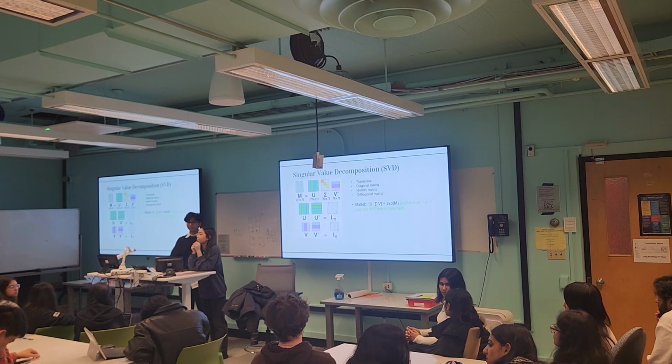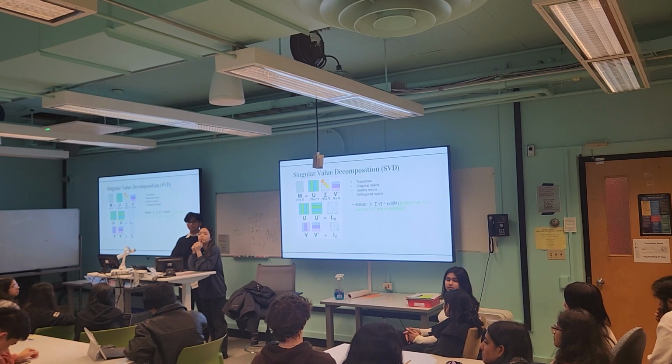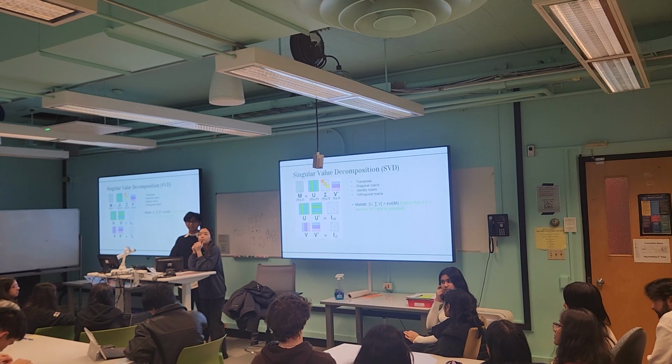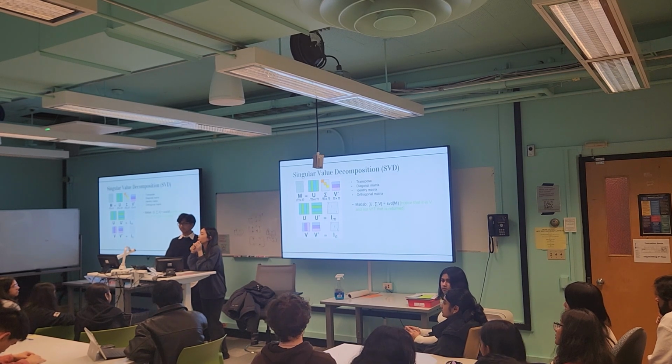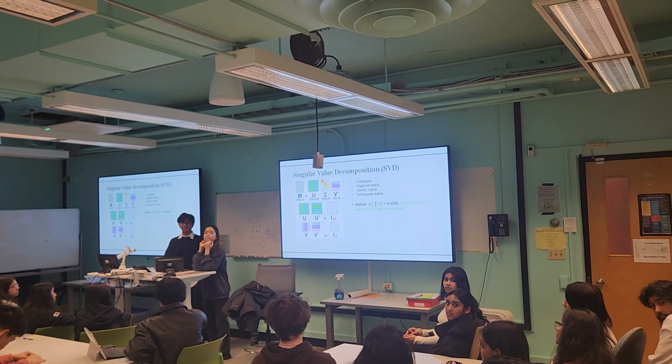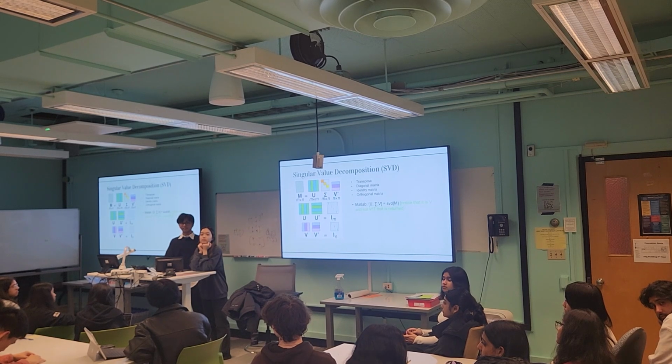Even if it's shortened or squished, as long as i equals j, that's diagonal. We could be wrong, we'll check after class. It might not technically be a true diagonal matrix, but it has values on the diagonal.